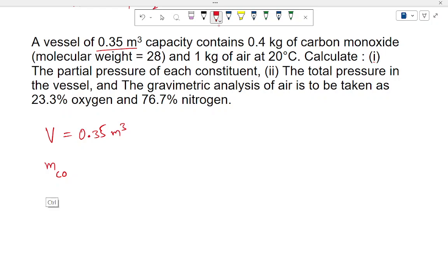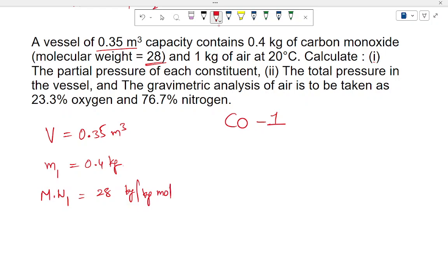This carbon monoxide, I will be calling it as 1 throughout this question. So I will call it as M1, which is equal to 0.4 kg. And the molecular weight of carbon monoxide is also given, which is 28 kg per kg mole.